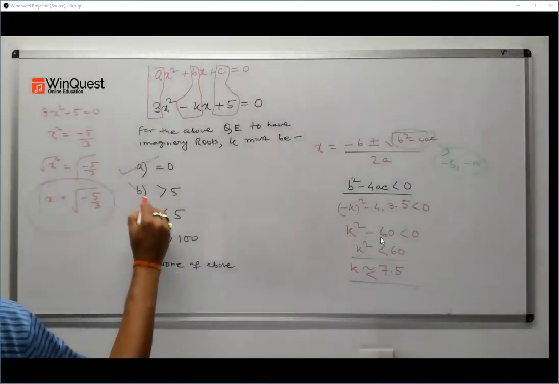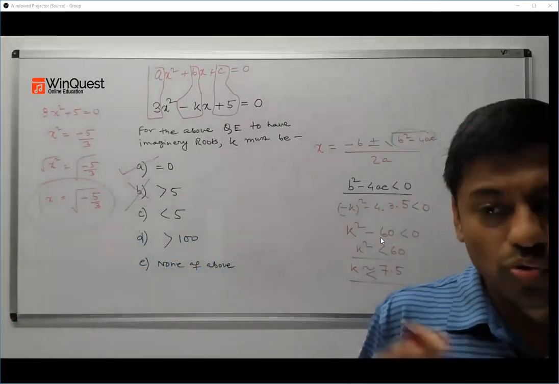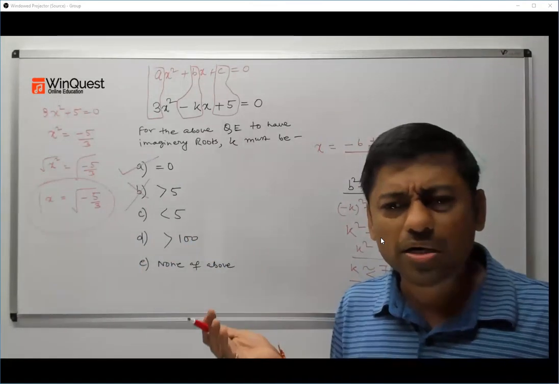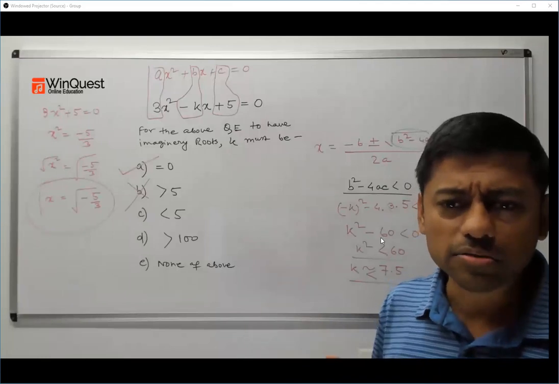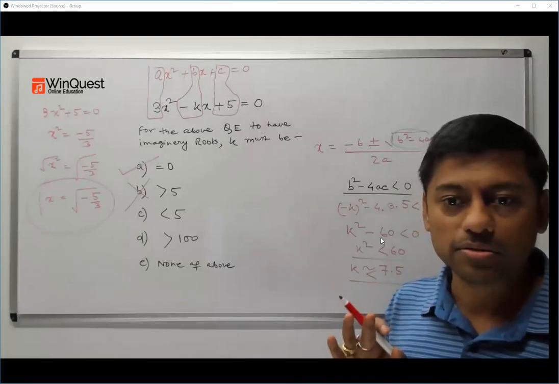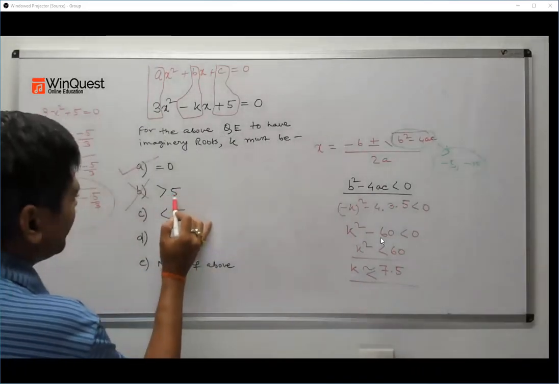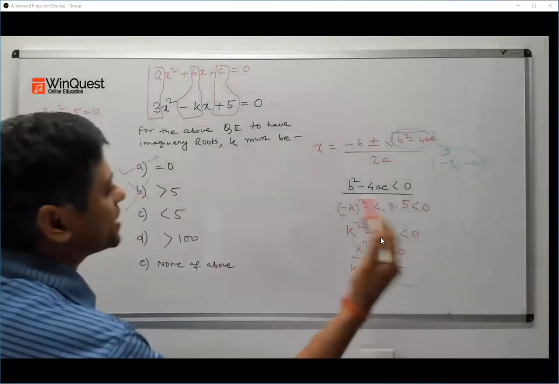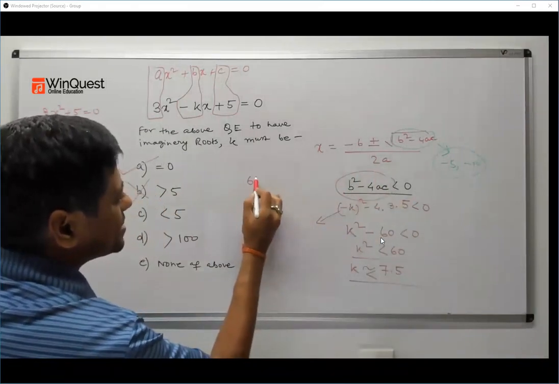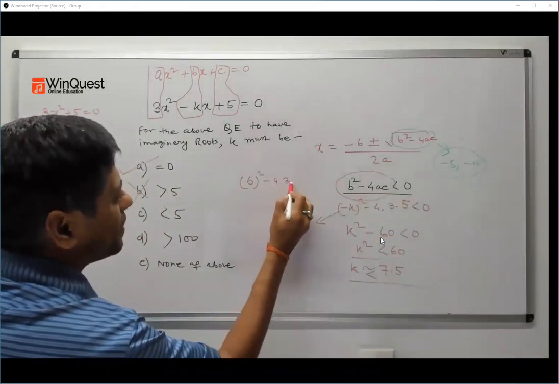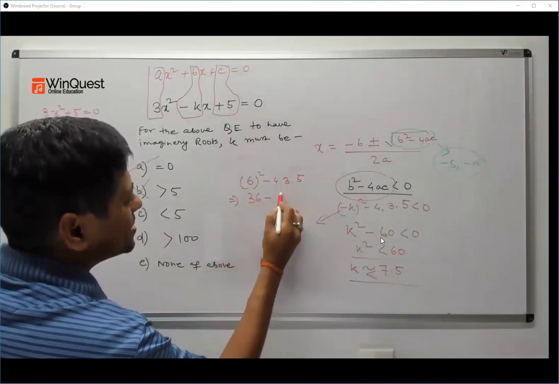I am crossing it. Now this may be confusing. You may ask me, sir, 5 may work, 6 may also work, why will it not work? Yes, I would agree. If k is, let's say, 6, then this entire term is 6 square minus 4 multiplied by 3 multiplied by 5, which is 36 minus 60.